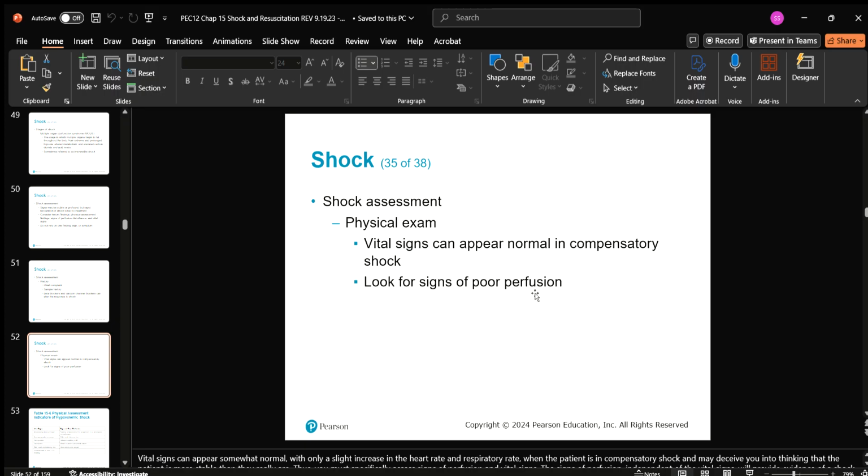Pale, cool, clammy skin. What might we see around their lips, maybe their fingernail beds? Bluing, which is called cyanosis. When we check capillary refill, what might we expect to find? It might be delayed more than 2 seconds. Those are all signs of poor perfusion.